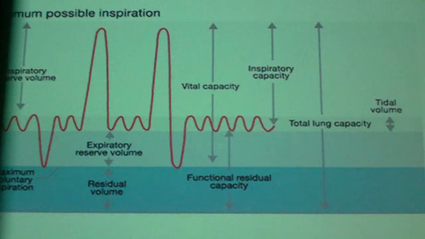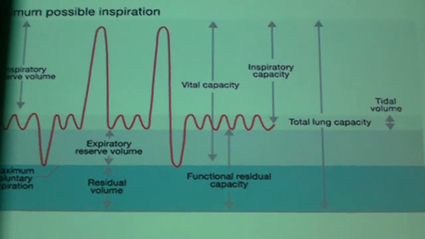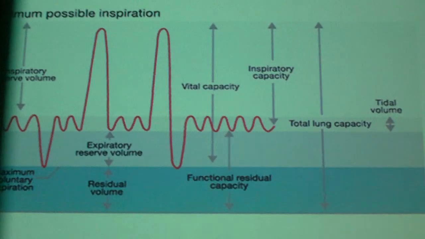Now, we talked about spirometry, but spirometry fails to assess all the lung volumes. If you have a complete expiration, there's always some air left in the lung. And with normal spirometry, there's no way to diagnose that.